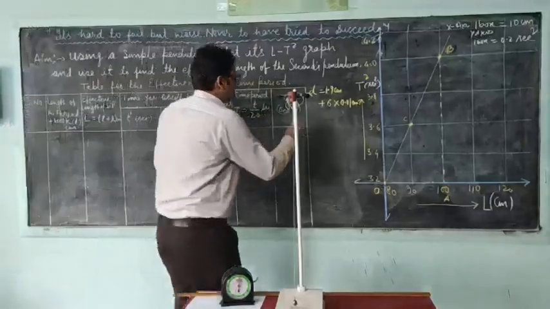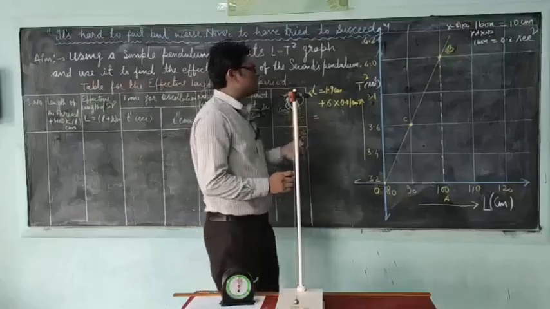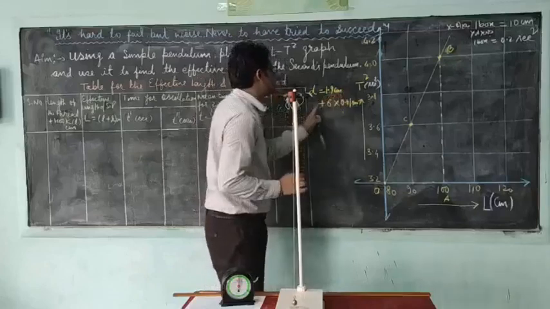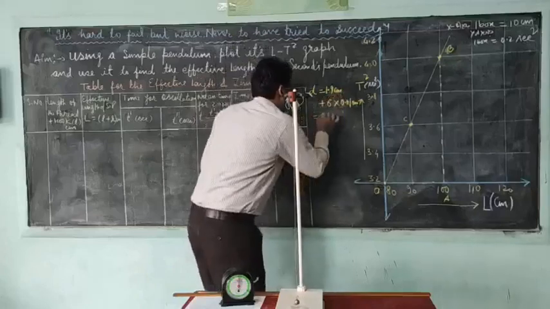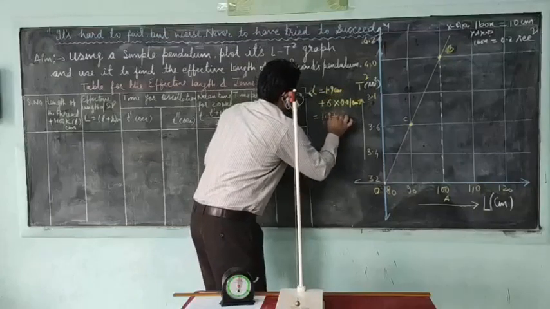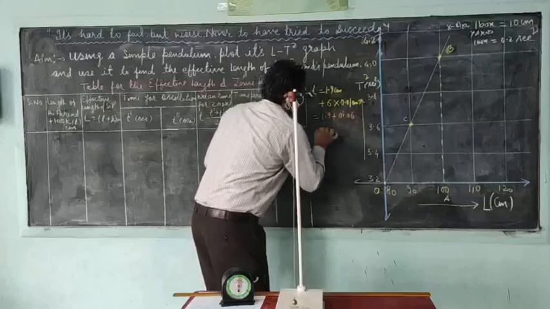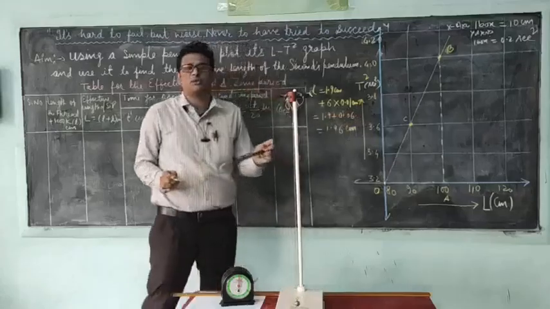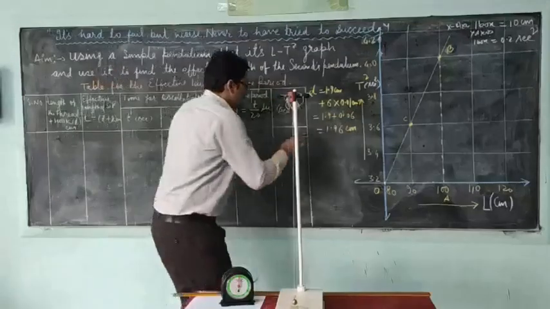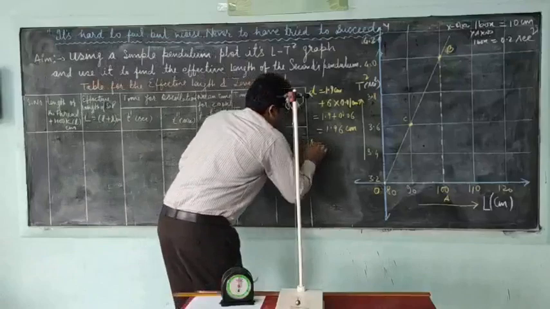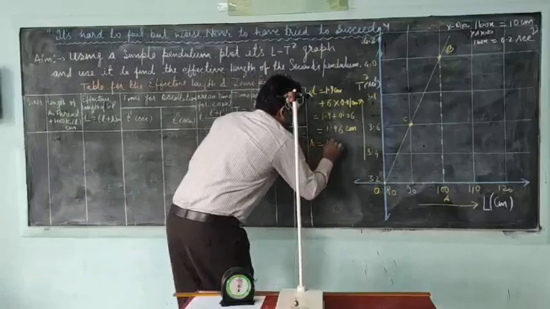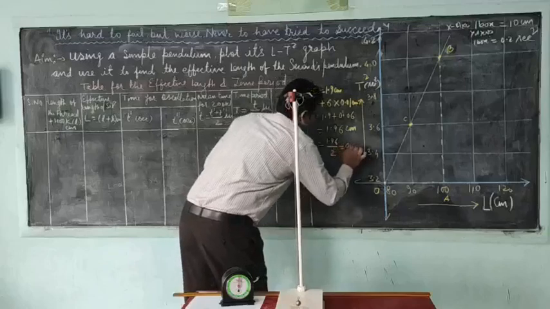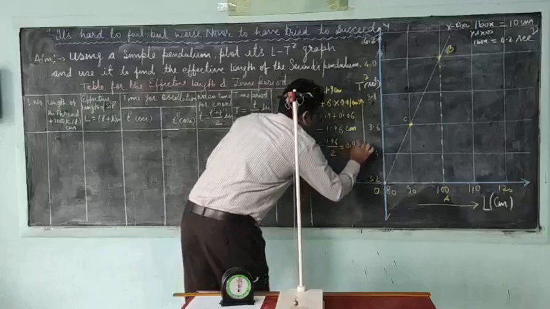So directly, the diameter of the metallic spherical ball is 1.9 centimeter plus 6 into 0.01, that is 1.9 plus 0.06, equal to 1.96 centimeter. So the radius R is equal to 1.96 divided by 2, that is equal to 0.98 centimeter.